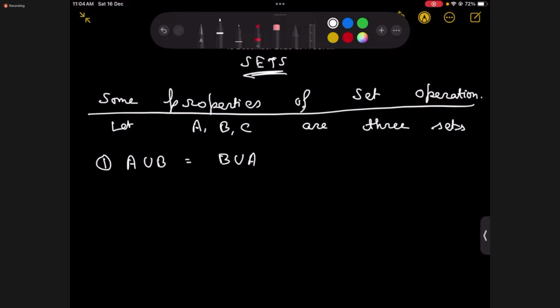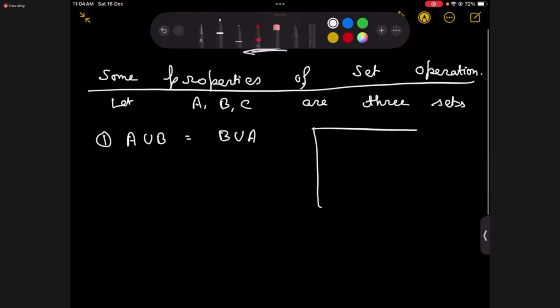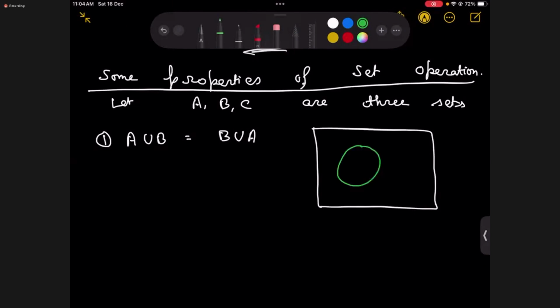First of all, how? Let's take it with a Venn diagram. So first, A union B. Suppose this is our A, and this blue one is our B. What is A union B?